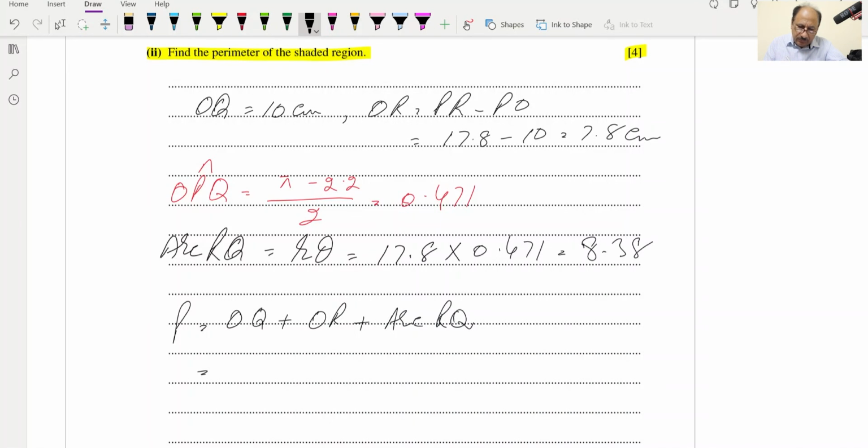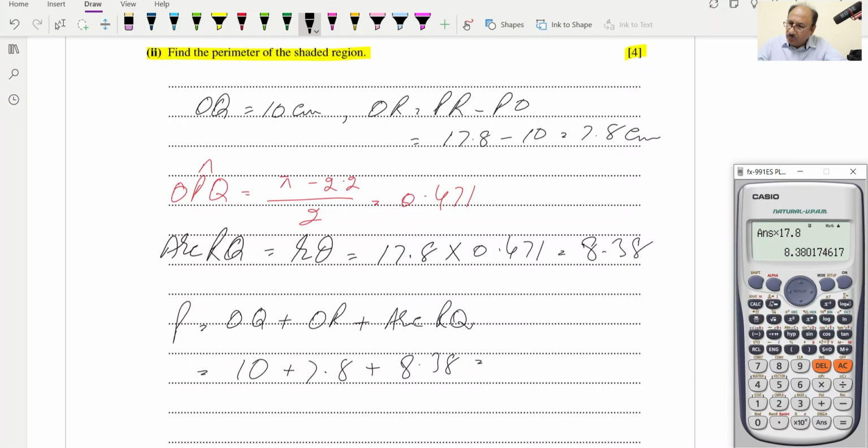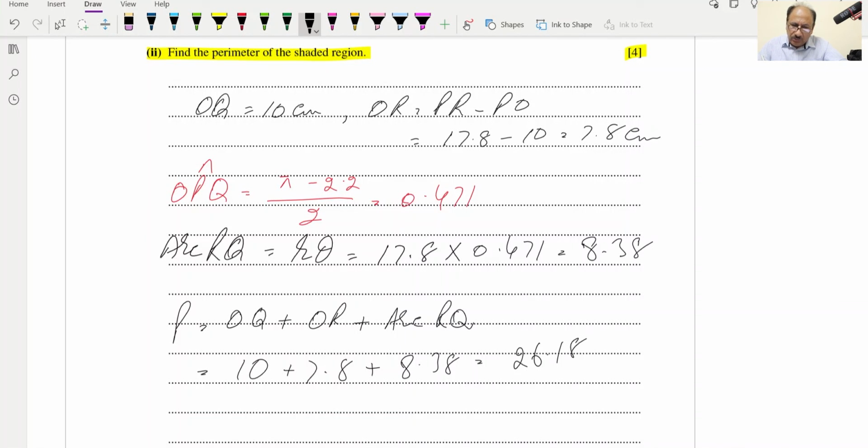These values will be replacing: 10 first, so 10 plus 7.8 plus 8.38, and this is equal to 26.18. So up to three significant figures we can write 26.2. So this is done.